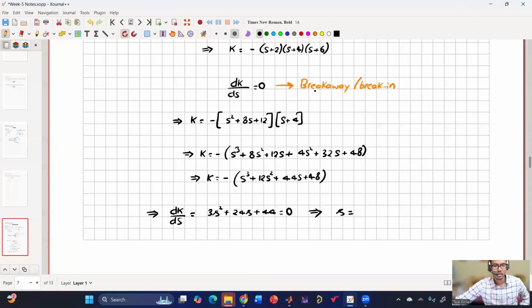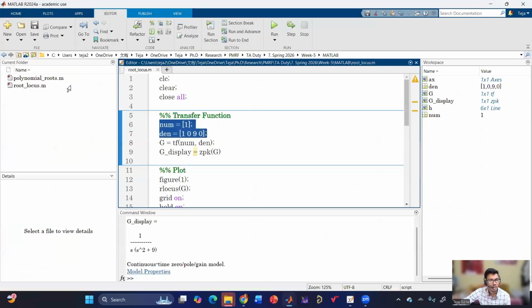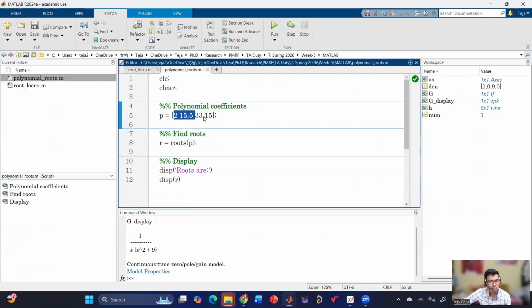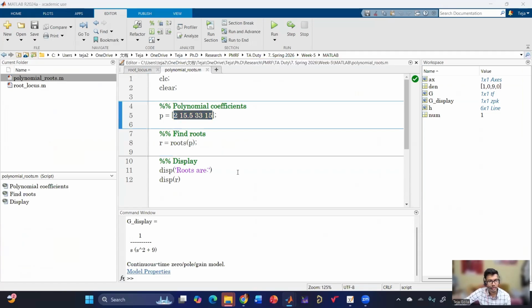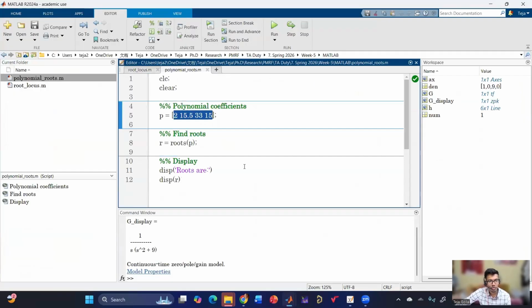I have to solve this to get my breakaway points, to calculate s, right? Just to reduce the calculation time, I have written another code in MATLAB to calculate the roots. This is called polynomial roots. You have to enter the polynomial coefficients and then it will display the roots. My coefficients are 3, 24 and 44.